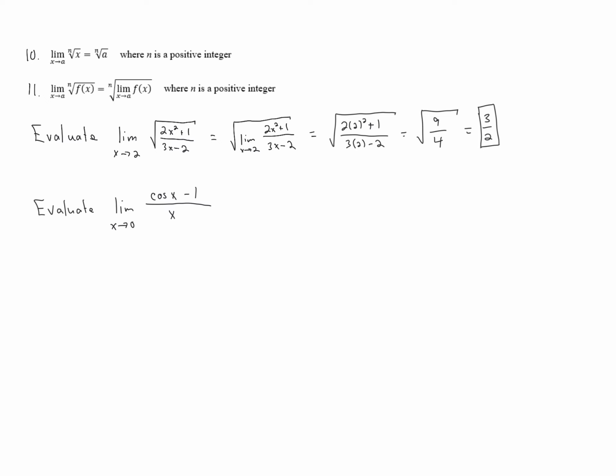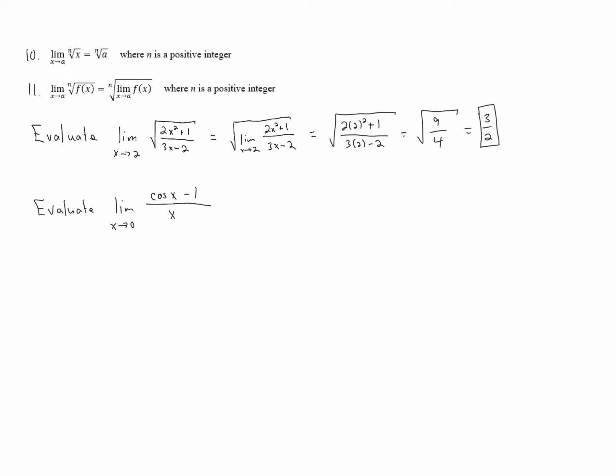We've got this cosine of x in here, and so none of those laws work. And I just wanted to look at this to remind you that if these laws that we're learning don't apply, it doesn't mean the limit doesn't exist.